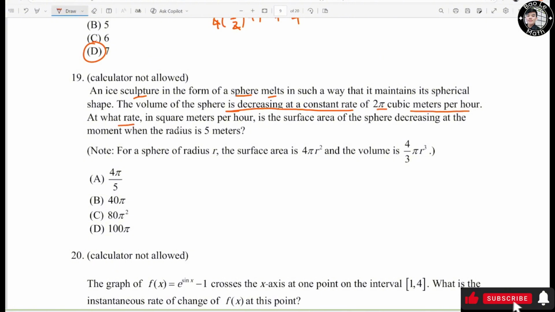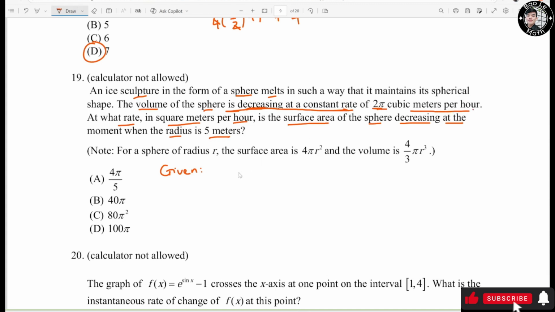At what rate, in square meters per hour, is the surface area of the sphere decreasing at the moment when the radius is 5 meters? This is a related rate problem. You are given that the volume of the sphere is decreasing at a constant rate of 2 pi cubic meters per hour.